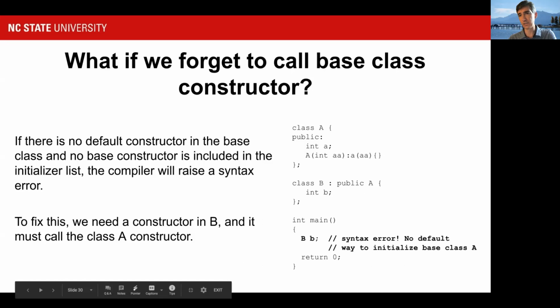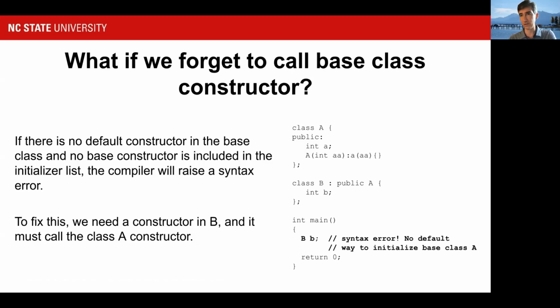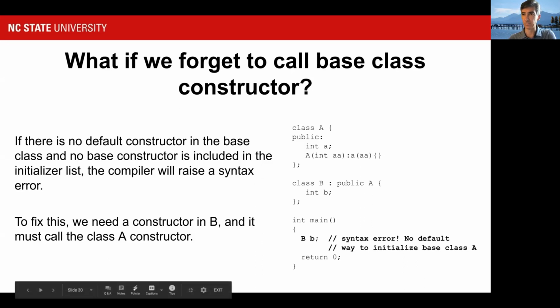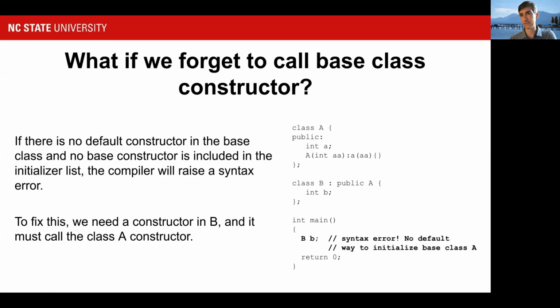When we try to instantiate class B, the compiler realizes it doesn't know how to initialize the parts of B that come from A. It has no default constructor, and that is a syntax error. There's no way for it to make A by default. The only way to fix it is to either add a default constructor to A, or to add a constructor to B that explicitly calls the non-default constructor for A.